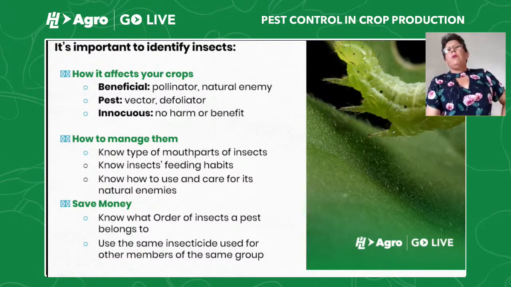Once we know what insect we have, we can manage them. We need to know the mouth parts the insect has, how the insect feeds, its feeding habits, how to use and care for its natural enemies. And knowing the insect saves us money because we know what order it belongs to, and we can use an insecticide used for other members of the same order of insects.